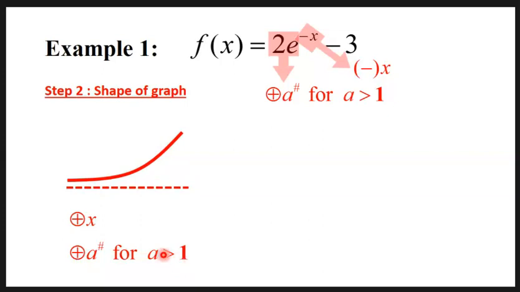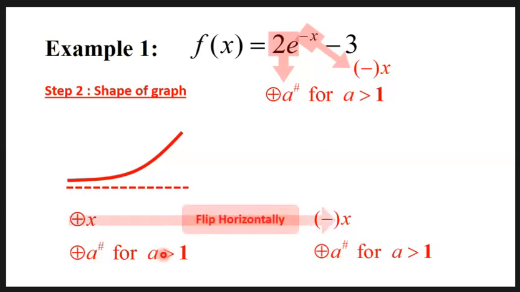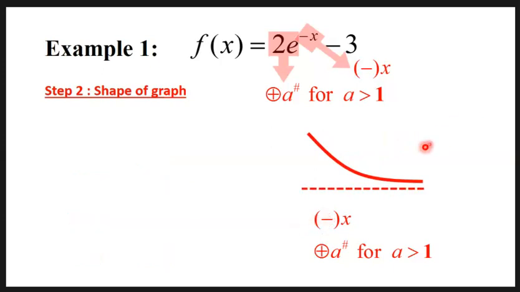If now I want the case in this example, with negative x and positive on the function for a greater than 1, then from positive x we want to turn into negative x. Therefore, I need to flip the graph horizontally. As a result, this is the shape that we are going to have for the graph in this example.